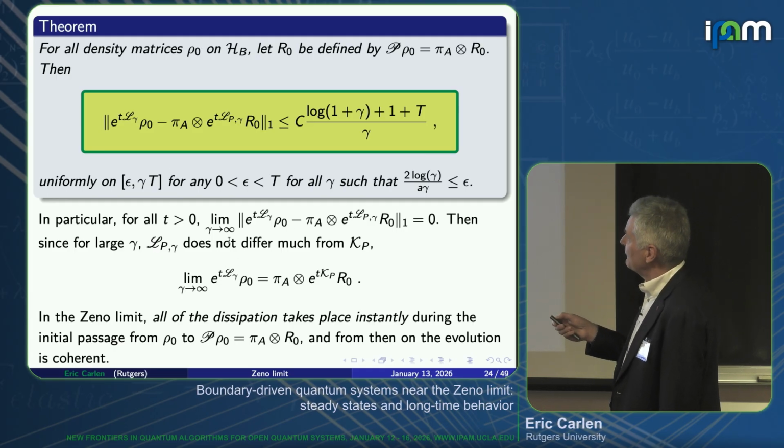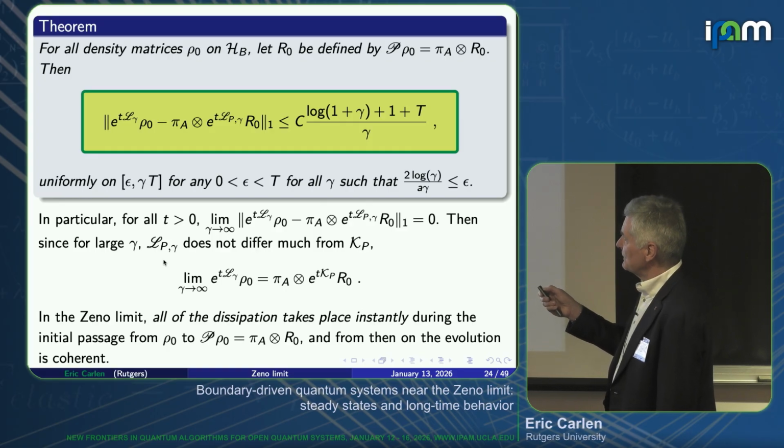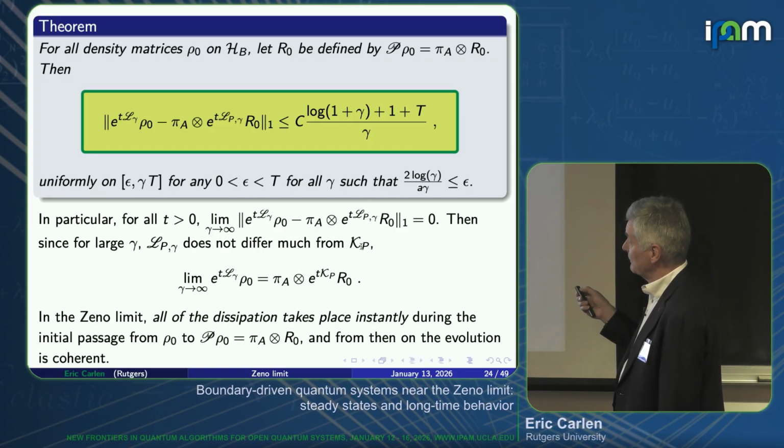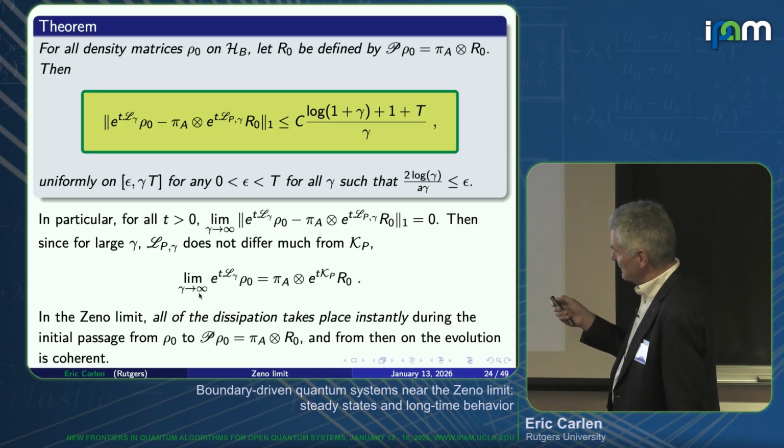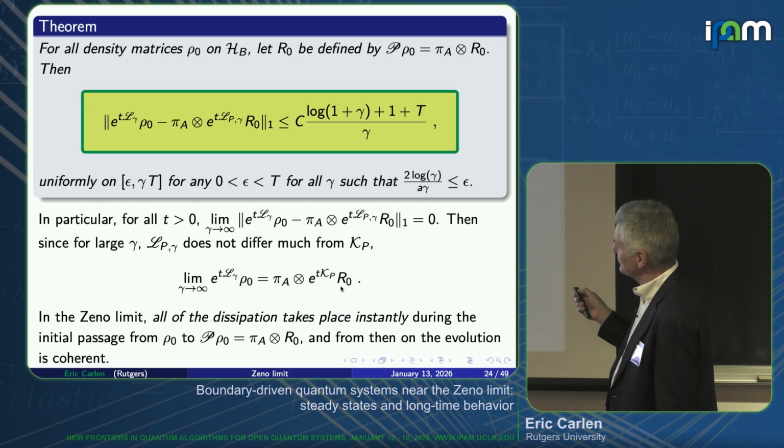So in particular, if you take gamma going to infinity, this evolution of this thing converges to this, okay? So as gamma goes to infinity, the full evolution converges to just applying this evolution for the projected Lindbladian on the slow manifold. And since for large gamma, this projected Lindbladian doesn't differ much from the purely coherent thing, when you take the Zeno limit, the evolution looks just like this coherent evolution after the initial projection.